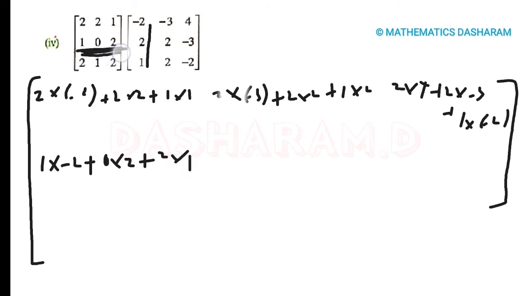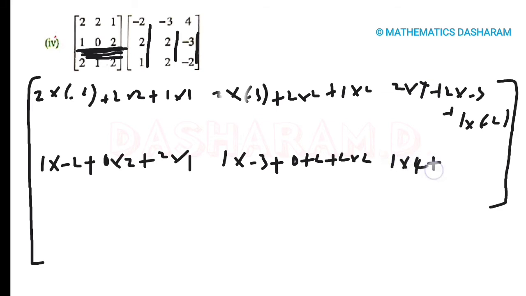Next, same second row but second column. So 1 into minus 3 plus 0 into 2 plus 2 into 2. Now same second row but multiply with the third column. So 1 into 4 plus 0 into minus 3 plus 2 into minus 2.